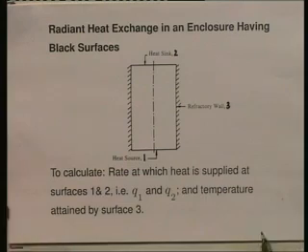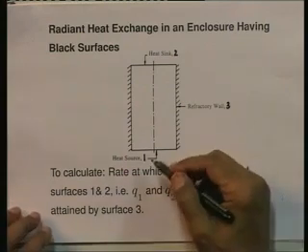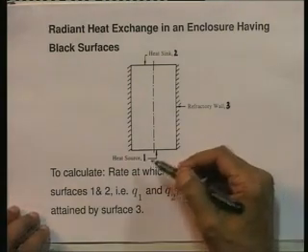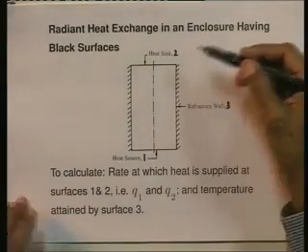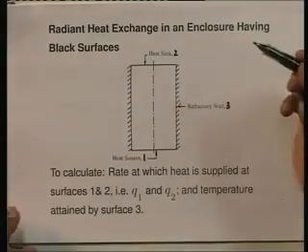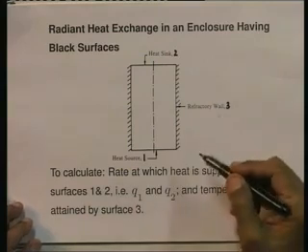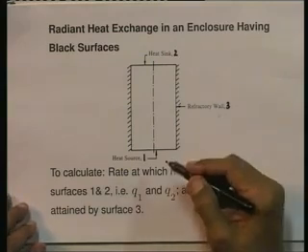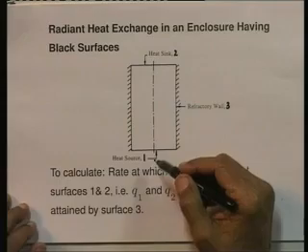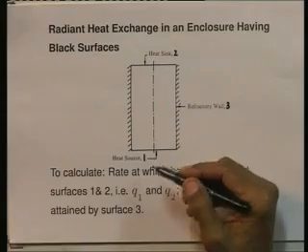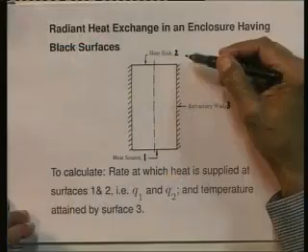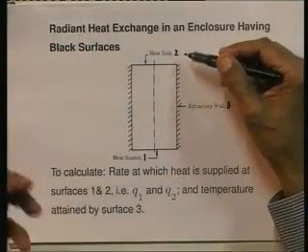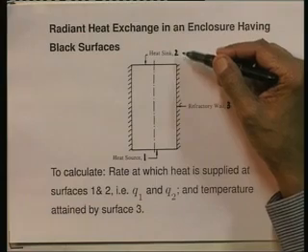We assume arbitrarily that surface 1 is at a higher temperature than surface 2. It could be either way, I am just making an assumption. Therefore, obviously, surface 1 is the surface at which heat is going to be supplied, and surface 2 is the surface at which heat is going to be received, because it will be at a lower temperature.